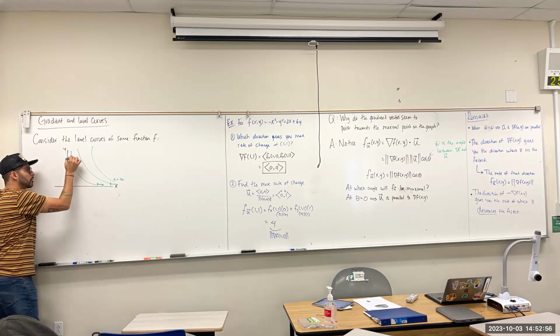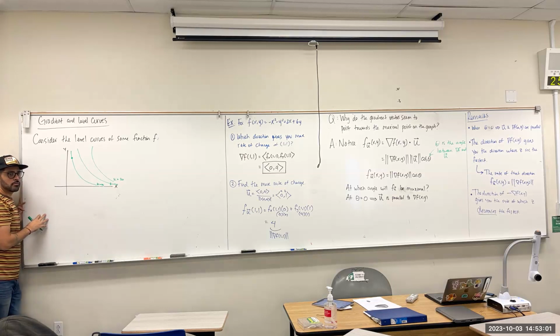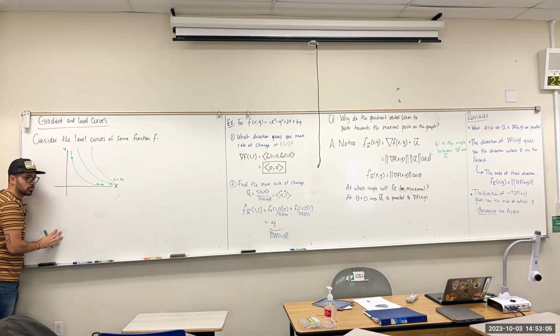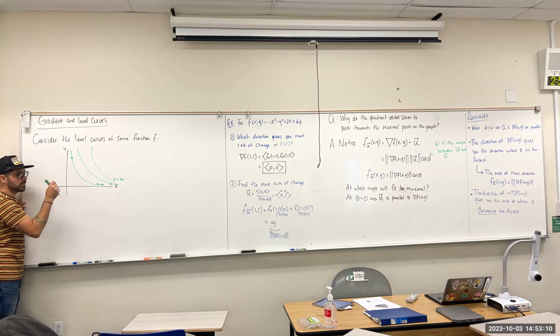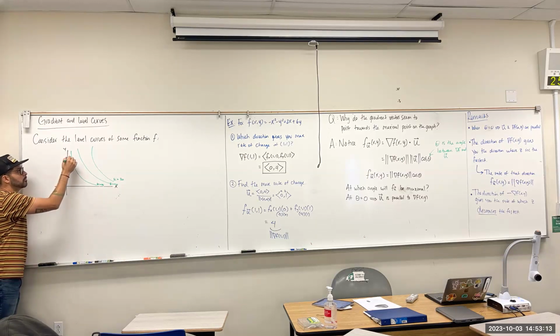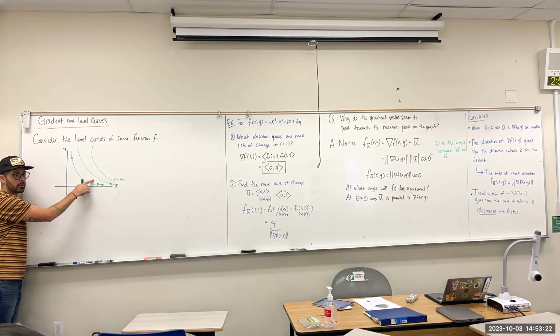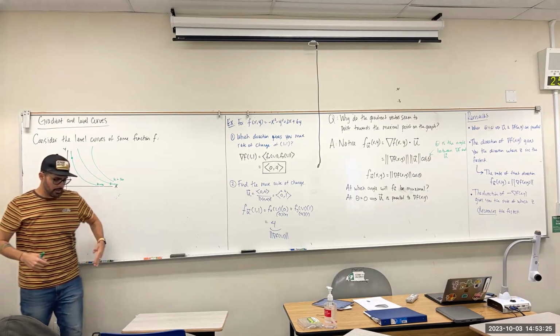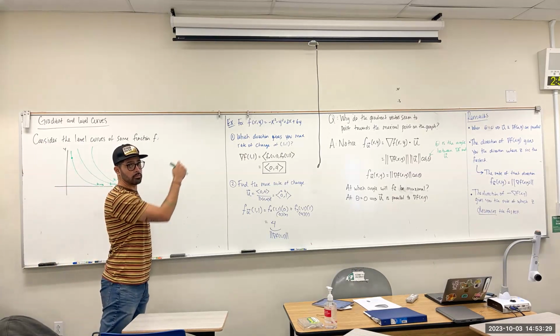I'm standing right here at this point, and I want to increase my z the fastest, which is my gradient vector, right? But how would I draw that so that I can increase the fastest? Will the vector point like this way, that way, this way? How do you think I should draw that vector? Towards the 20 line, right? Because imagine you're at 10 feet on the trail, and up there's 20 feet. I want the shortest path possible to get up there.